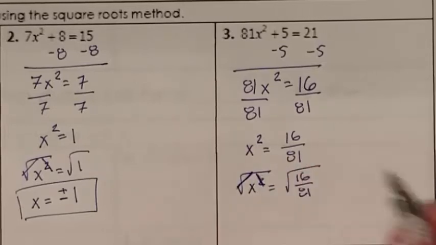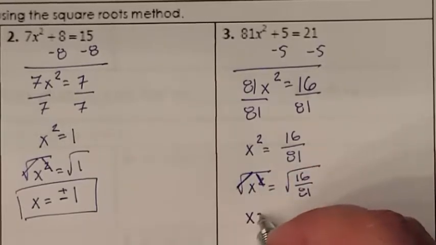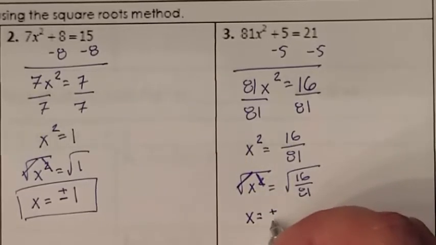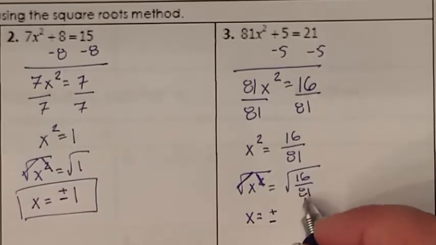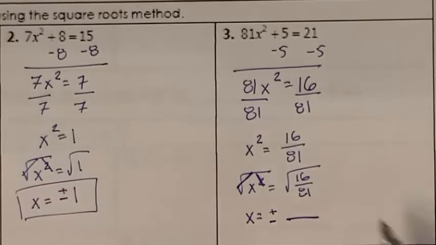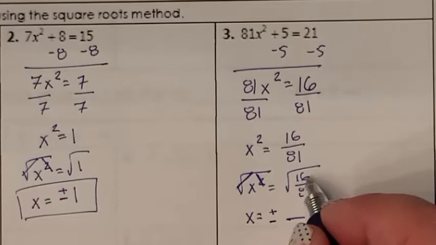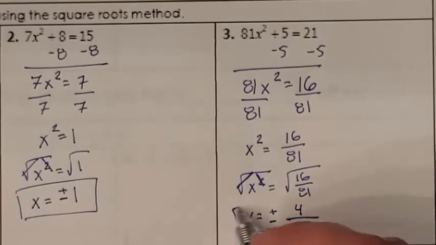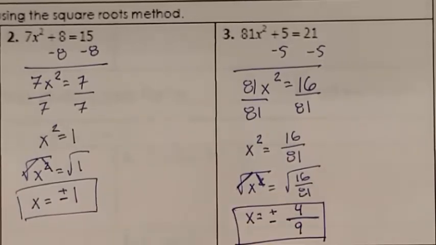The square root and the exponent cancel each other out. I have just x. I chose to take the square root, so I need plus or minus. It is a fraction, so here is my fraction. You are square rooting the entire fraction. The square root of the numerator, the square root of 16, is 4. The square root of the denominator, the square root of 81, is 9. So my answer is x equals plus or minus 4 over 9.